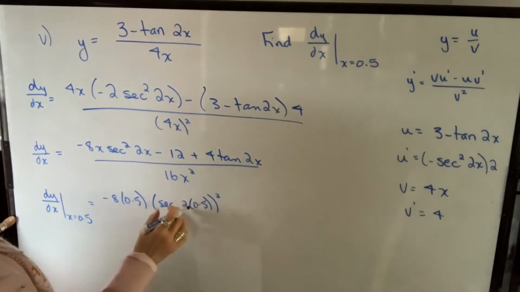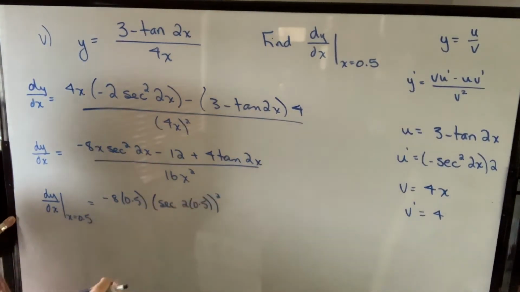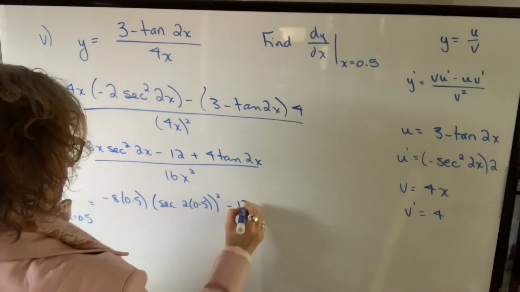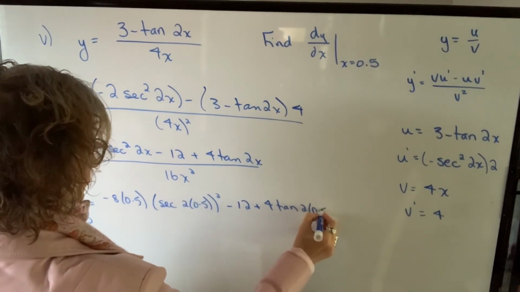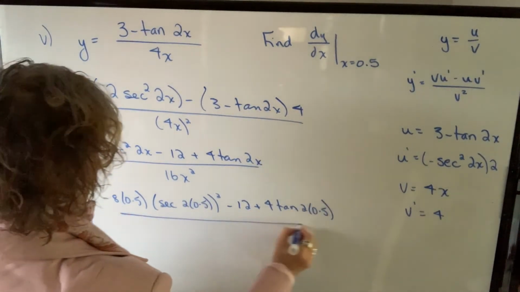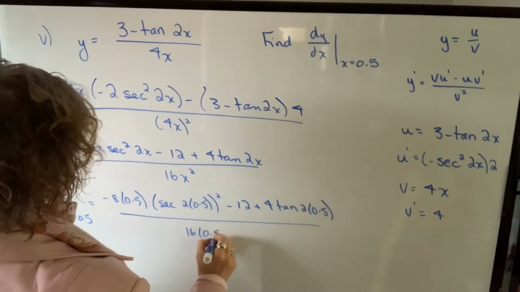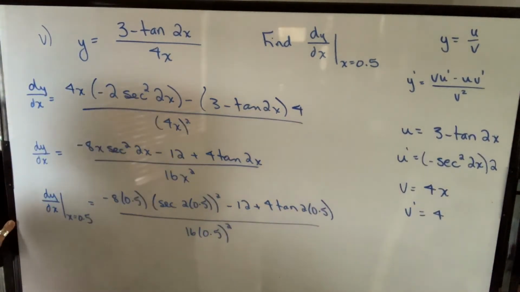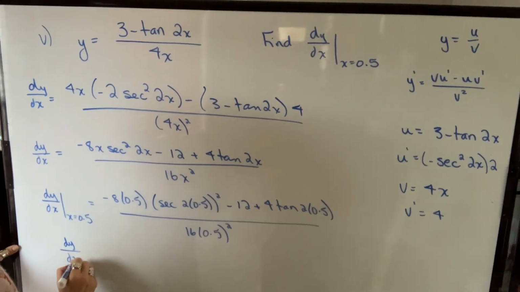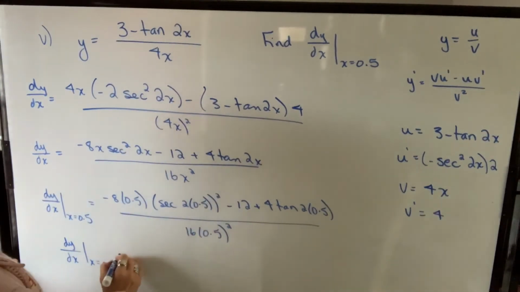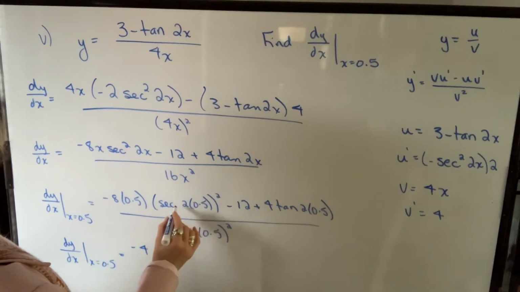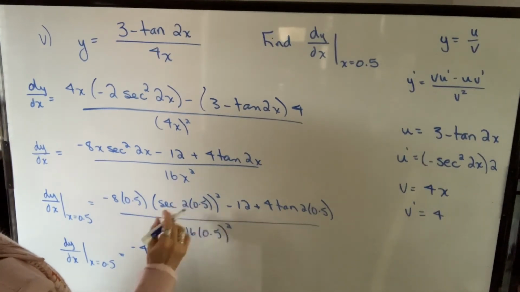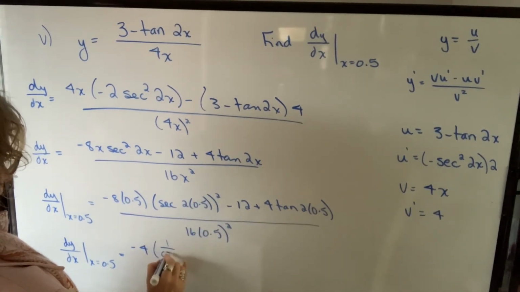And I'm going to put the square outside because I want to find the secant first and then I want to square the function. So we'll get negative 4. And the other thing I'm going to do is I'm going to write secant of 1 as 1 over cos of 1.